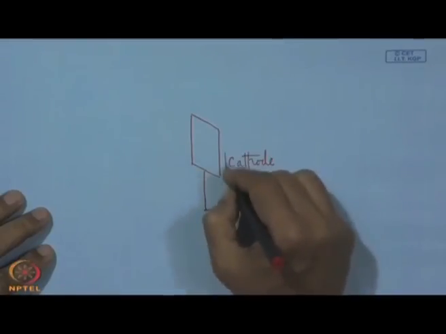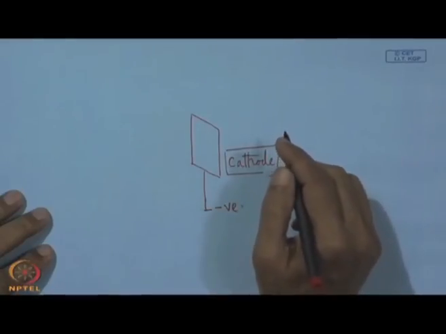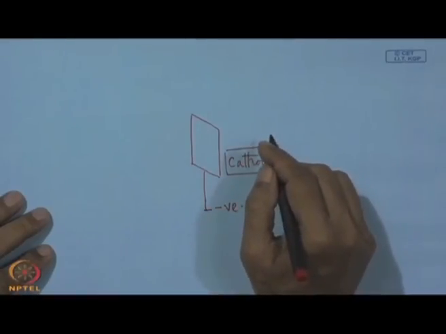That means first of all within the chamber we must have electrons available which will be used to ionize the gas.